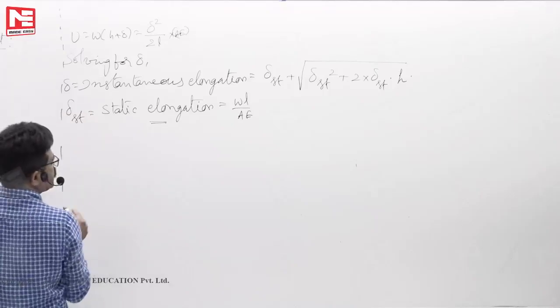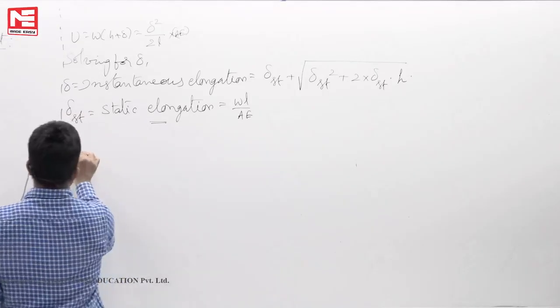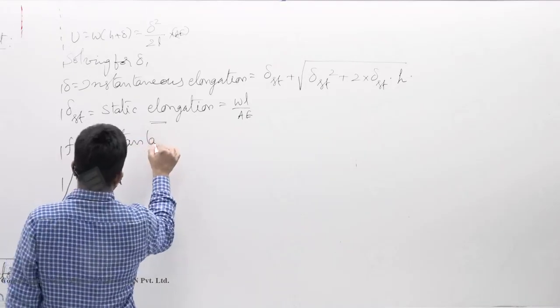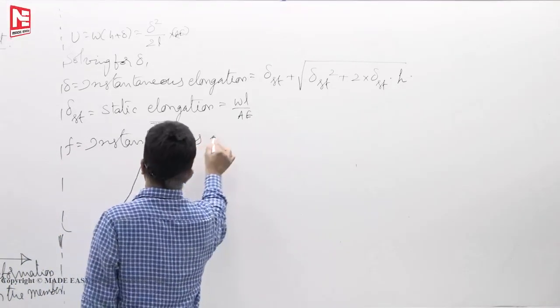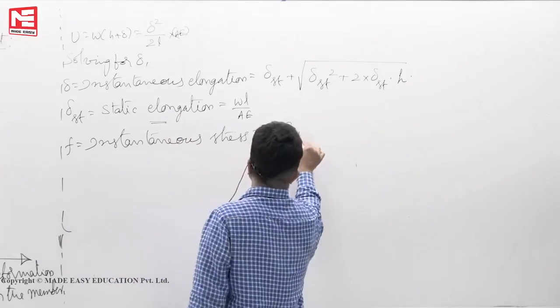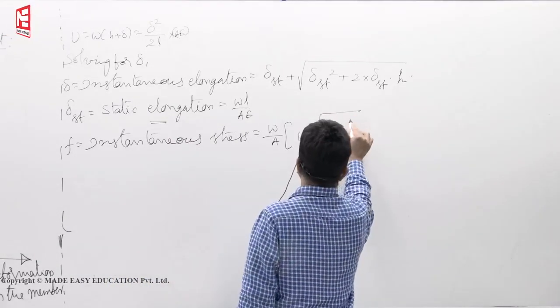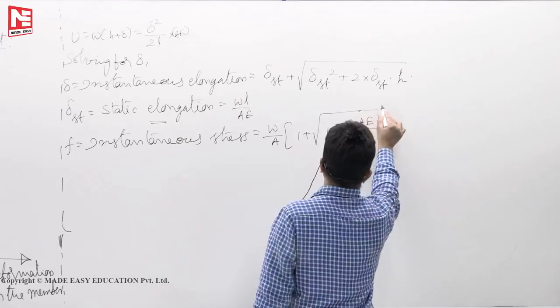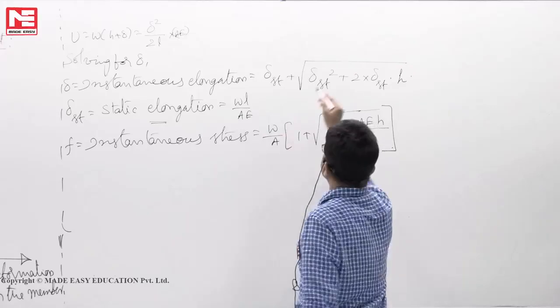Substitute this instantaneous elongation into stress. Then F stands for instantaneous stress. You will get W by A into 1 plus square root of 1 plus 2AEH by WL.